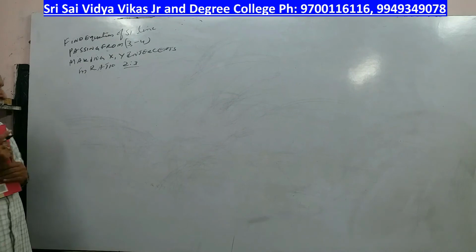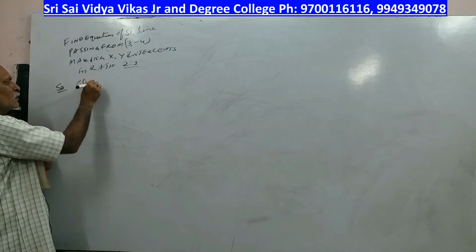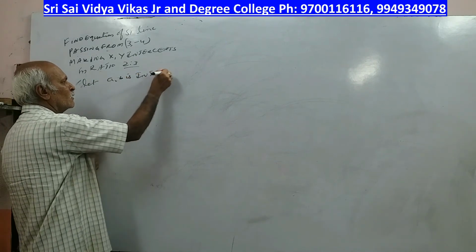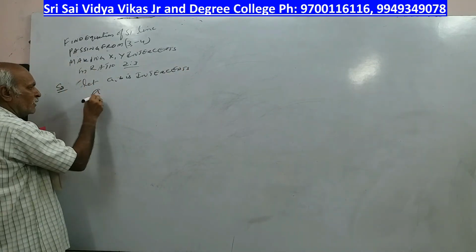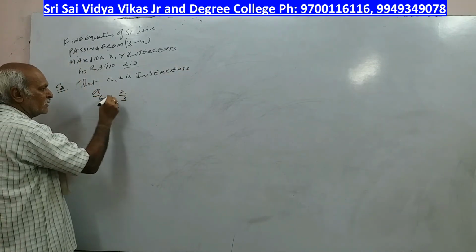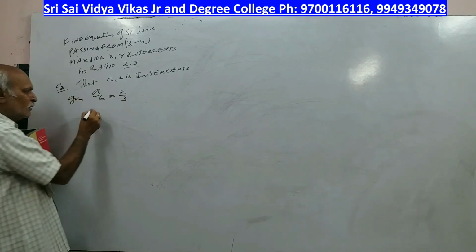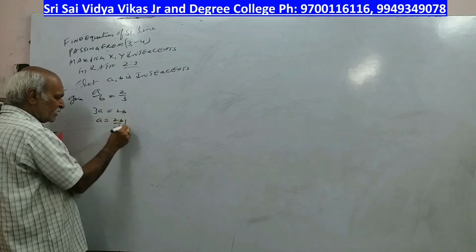So this is very, very important. Solution. Let a, b be the intercepts. Now observe the simplification here, sir. A by b is equal to 2/3, given the ratio of one to the other. So 3a is equal to 2b. A is equal to 2b by 3.